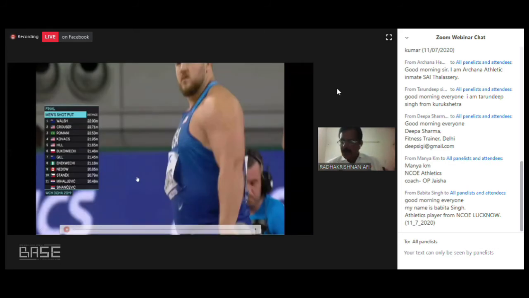This is Joe Kovacs, 2019 World Champion in shot put. He made his last throw with 22.91 and won the World Championship. You can see that Tom Walsh was just behind him with 22.90 meters.